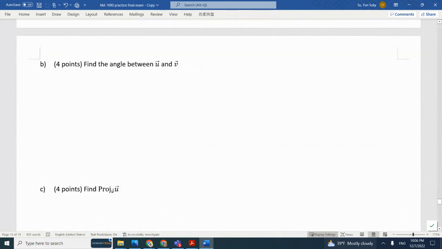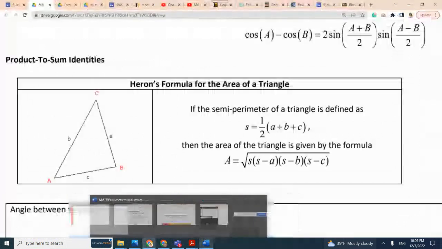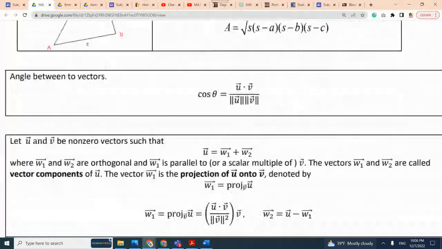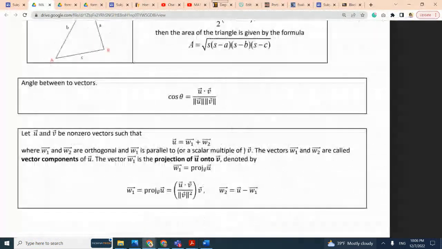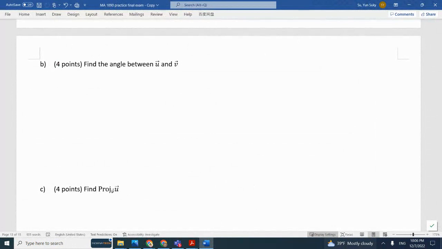Part B, find the angle between u and v. We will talk about that on Friday, but we follow this formula. This is the angle. Maybe on Friday after the lecture you will understand more.